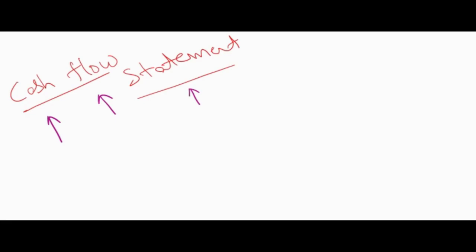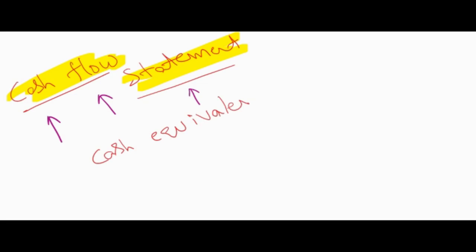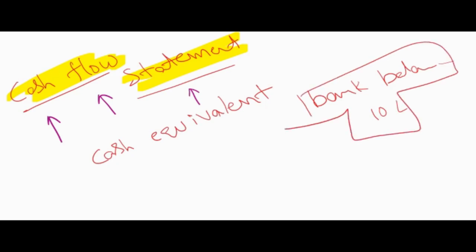That is why you call it a cash flow statement. Here sometimes you need to consider cash equivalents also as cash. So what is a cash equivalent? For example, you have a bank balance. Let's say you have a bank balance of 10 lakhs. Anytime you can take this out and use it for your business purposes. So that is the reason we can take this as a cash equivalent.